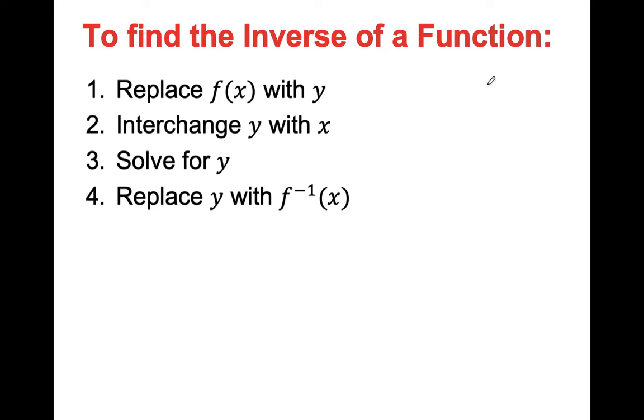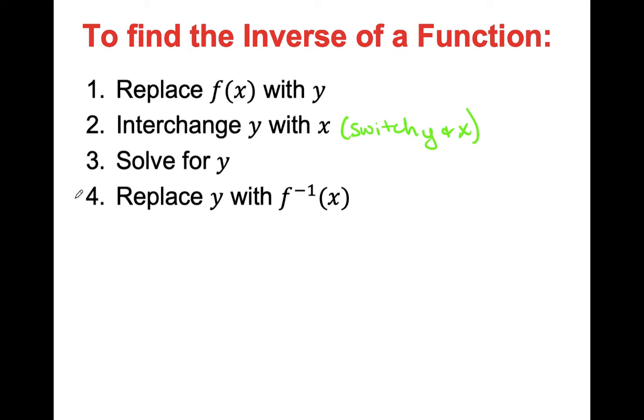It just depends on how your mind works. Step 2, interchange y with x. If you'd rather write switch y and x, that would be fine too. Just like we did with the ordered pairs, we switched x and y. And then step 3, solve for y.